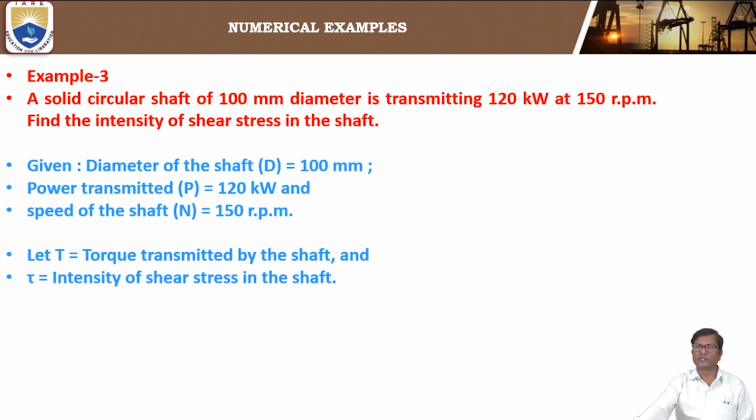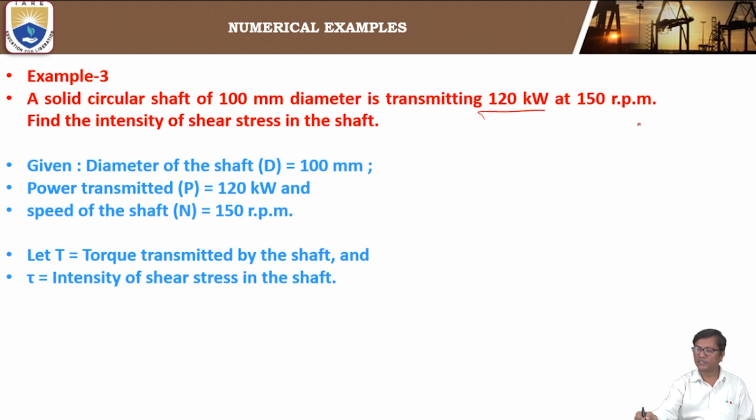Next, another example here. A solid circular shaft of 100 mm diameter is transmitting 120 kilowatts at 150 RPM. Find the intensity of shear stress in the shaft. So, what is given?